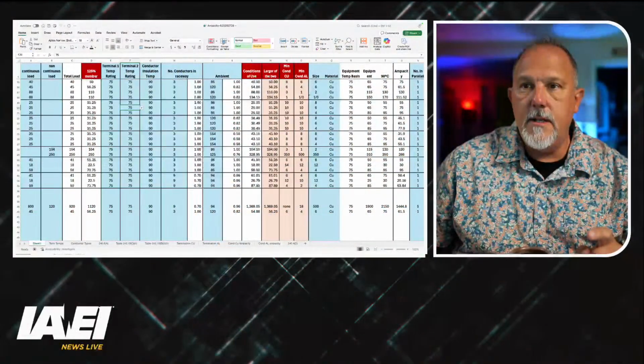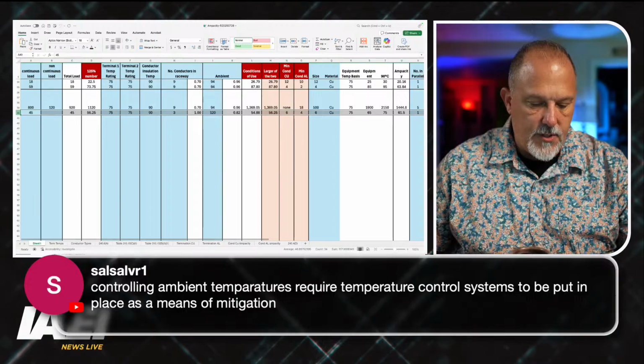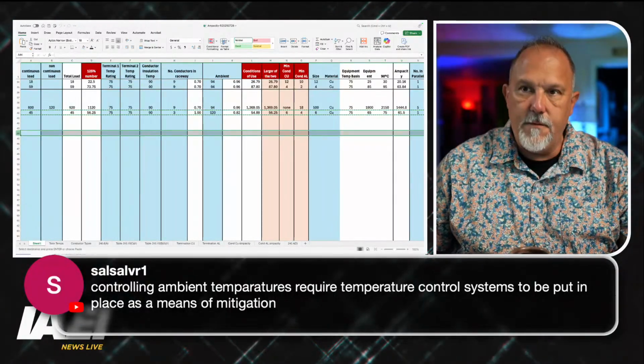Once I do that adjustment, let's say for example, I have a spreadsheet, which I've started, and I love this spreadsheet.